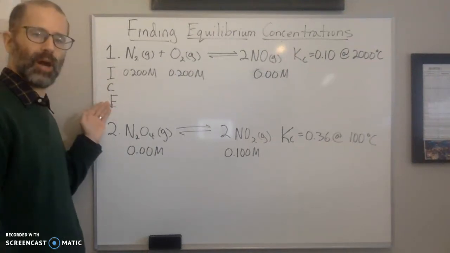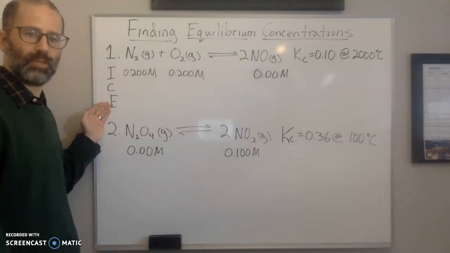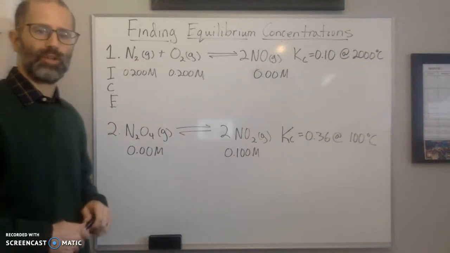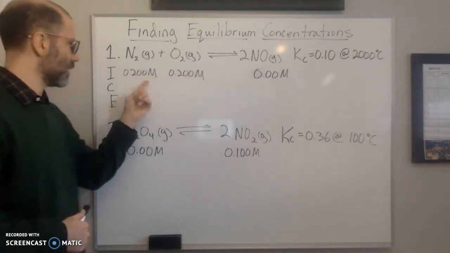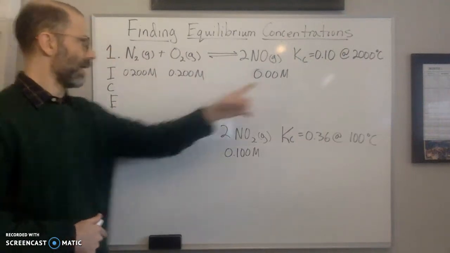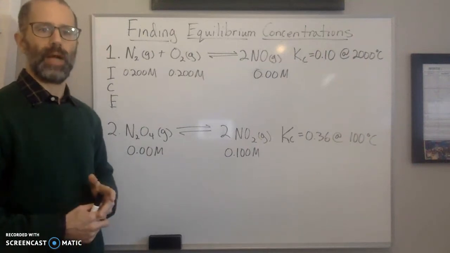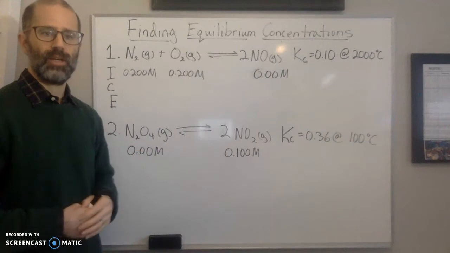And E is the concentration at equilibrium, the concentrations of your reactants and products at equilibrium. Since all you're given is the initial concentrations and your equilibrium constant, you're going to have to use some algebra, and use x as the amount of change.